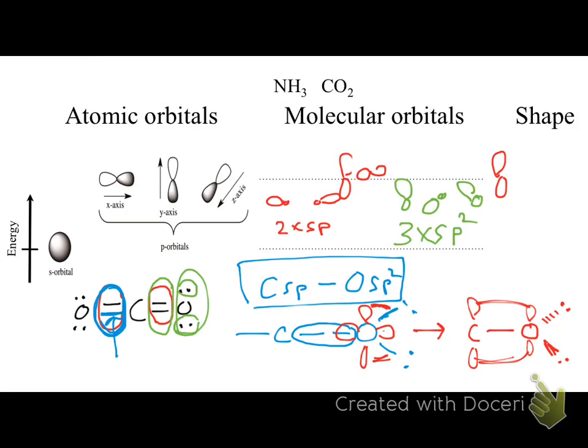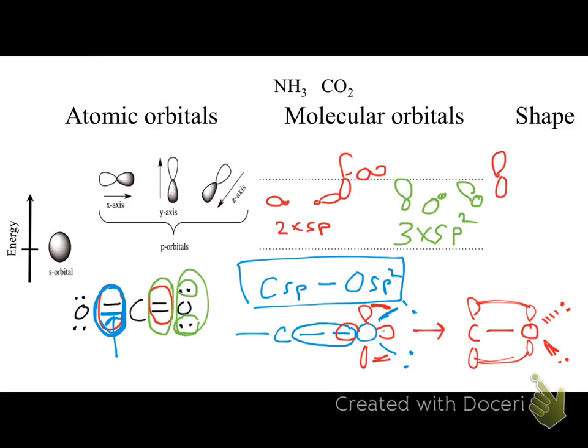Starts to look like three bonds. It's not. Okay. We've got our sigma bond through the middle, which is the overlap of our hybrid orbitals. Then we've got our double bond, which is the overlap of our p orbitals. Our p orbitals will overlap both above and below our molecule. Okay? But that still counts as only one orbital interaction.